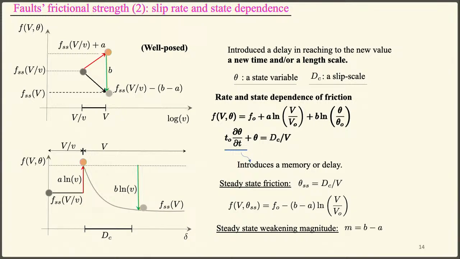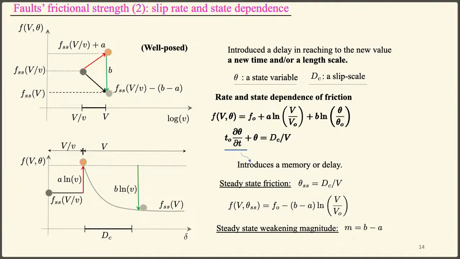The moment there is an increase in the sliding rate, we get a sudden jump in the friction value, and it doesn't stay there; the ball rolls to a different steady state.